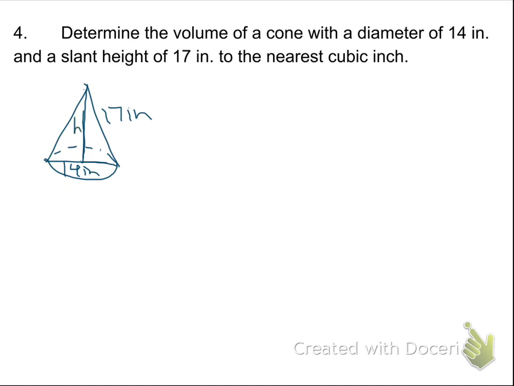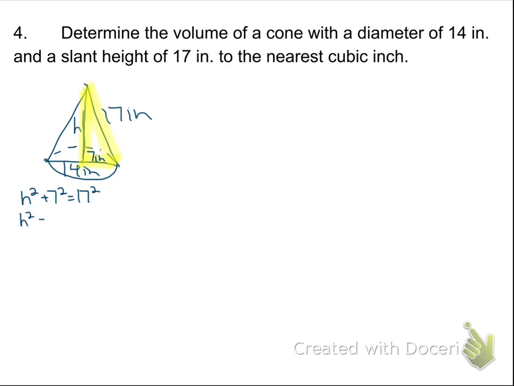So again, we have created a beautiful 90-degree triangle here that we can use Pythagorean theorem. So if the diameter is 14 inches, then the radius is 7 inches. So h squared plus 7 squared equals 17 squared.